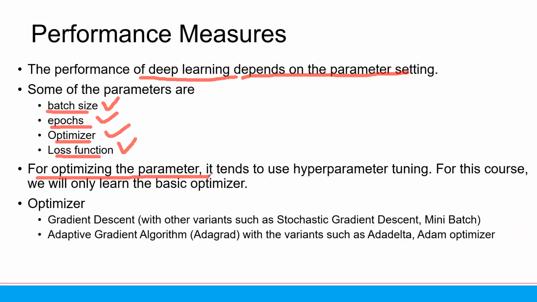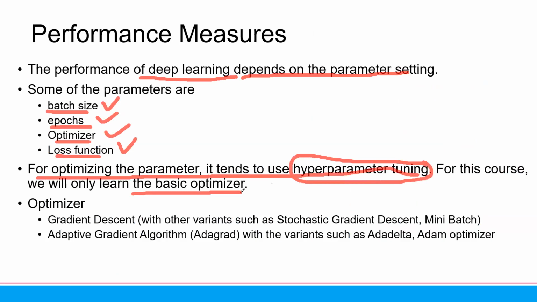For optimizing the parameters, it tends to use hyperparameter tuning. So this task is common. We need to tune. Tune means we need to find a good number, we need to find the best number. So I will just explain the basic one.